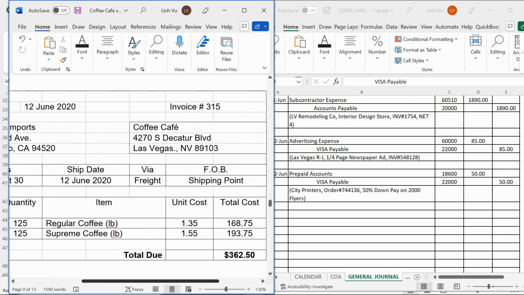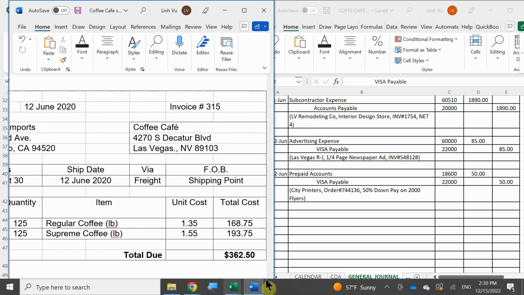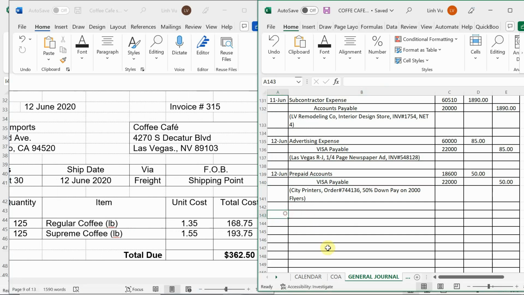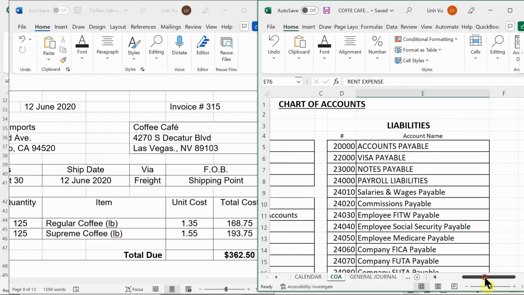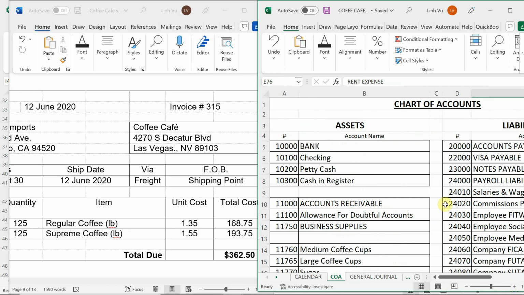First off, what did we buy and how did we pay for it? Starting with the first one, what did we buy? Your regular and supreme coffee. Now, how do I journalize perpetual inventory?